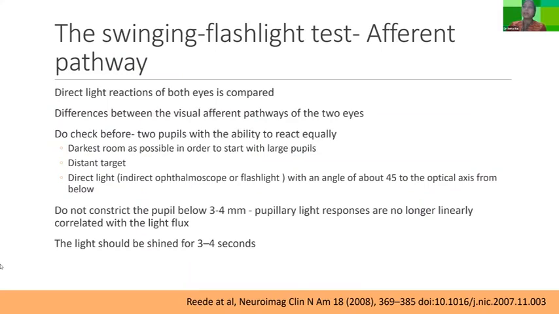This is the test especially used to detect afferent pathway defects. The direct light reactions between both eyes are compared, and the difference between these visual afferent pathways is seen. A few important salient points: the room should be as dark as possible, and distant targets and direct light should be used. Do not constrict the pupil more than 3 to 4 millimeters, and the light should be shined for 3 to 4 seconds.